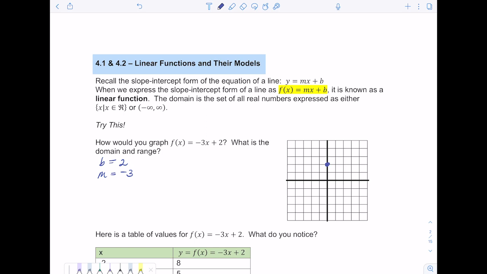And then slope is rise over run. So my rise would be 3, and I'm going to go up 3. And then since it's negative, I'm going to run left 1, since my run is 1. You can also go down 3 and right 1. Whatever works for you, but you notice that you're still on the line there. And then just connect it.